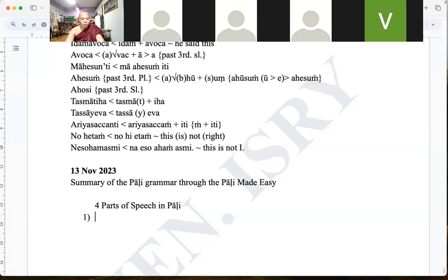Okay, the first one is the prefix. In Pali, we call it Upasagga or Upasara.